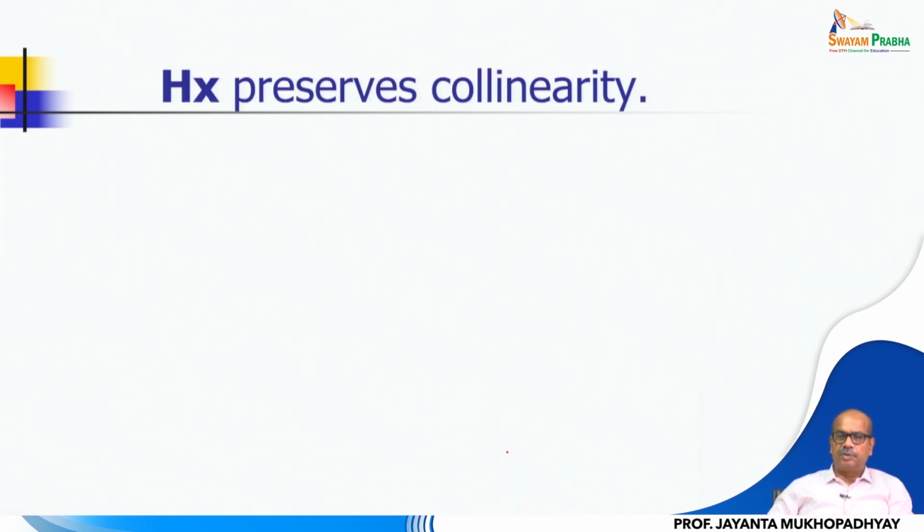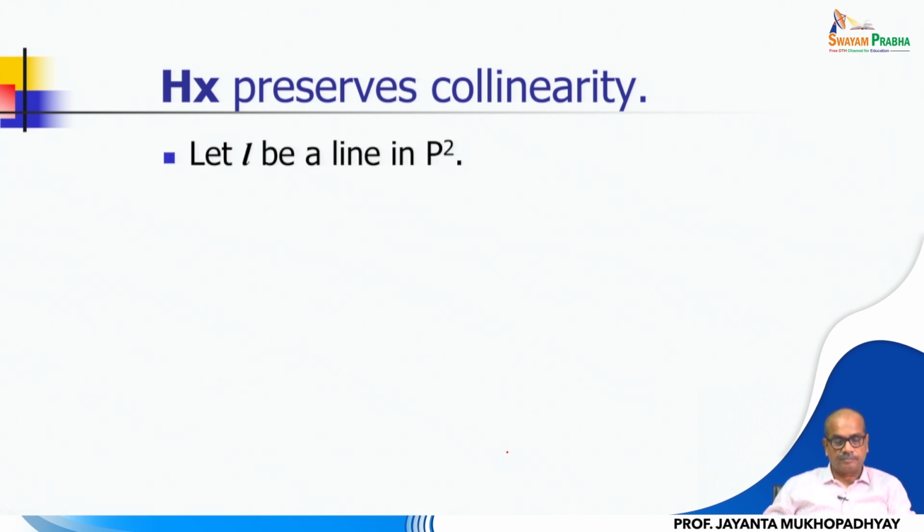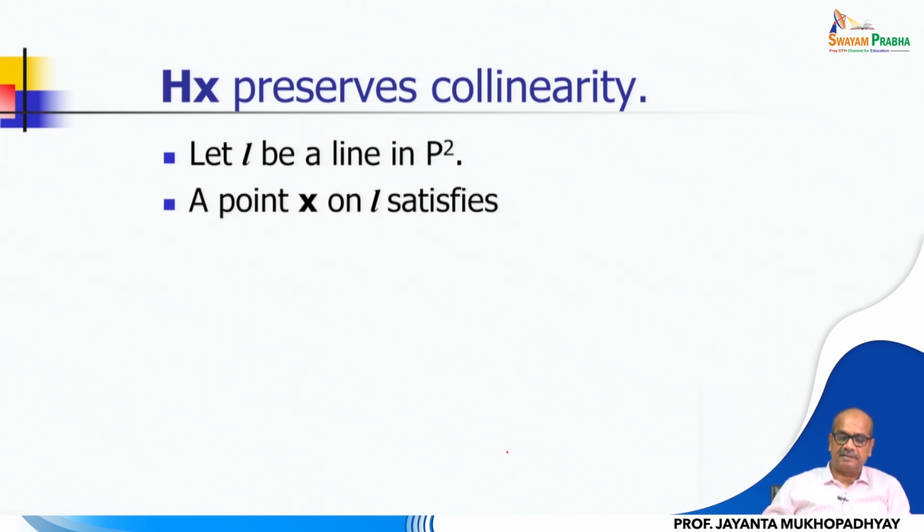So I will just show you how this kind of linear transformation can preserve collinearity. Consider L to be a line in the projective space, and suppose a point x on L satisfies the containment relationship, which means x and L are orthogonal.